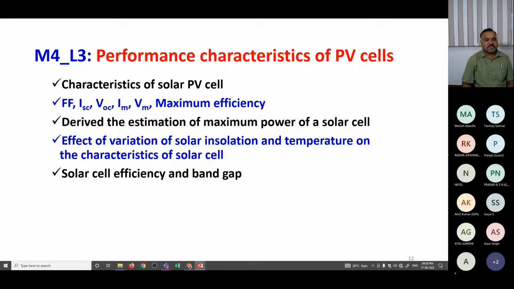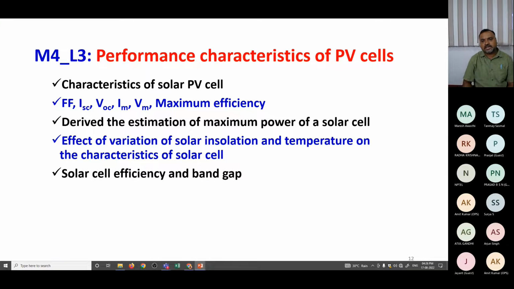And also we have given emphasis on performance characteristics of PV cells, like how to generate the IV characteristics curve, and what is the simplified diagram that represents solar cell characteristics. And also we have derived the estimation of maximum power of the solar cells.